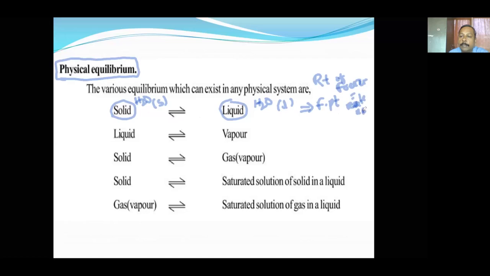In the same way, liquid to vapor equilibrium takes place at the boiling point, and at the boiling point the rate of vaporization is equal to the rate of condensation.